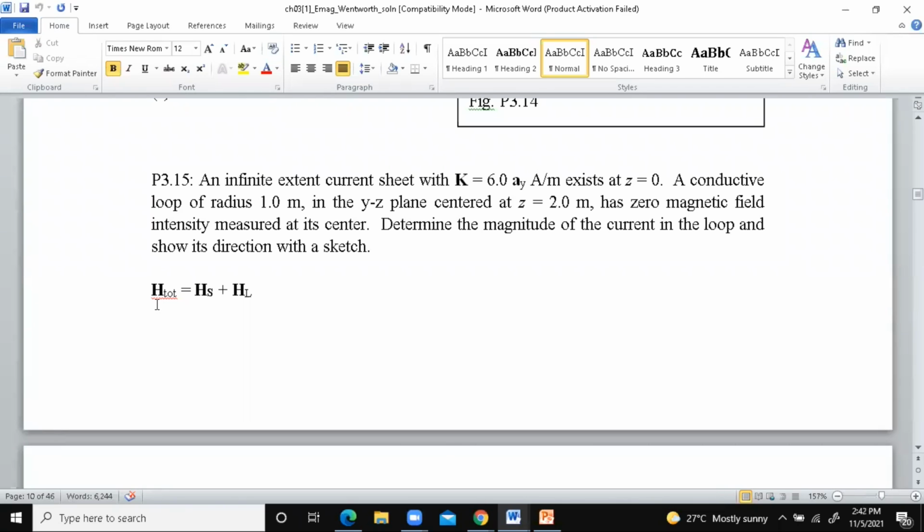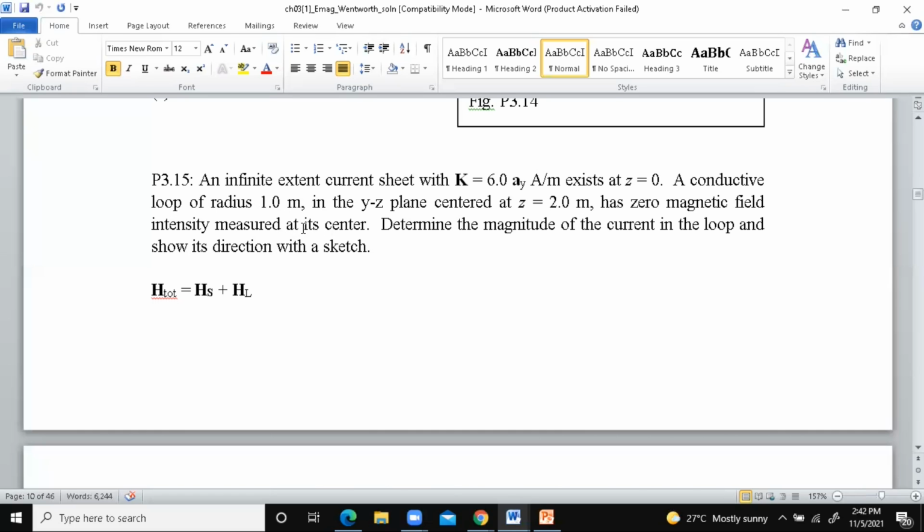No, that's H. The conductive loop of radius 1 meter in the YZ plane, centered at Z equal to 2.0 meters, has 0 magnetic field at the center.